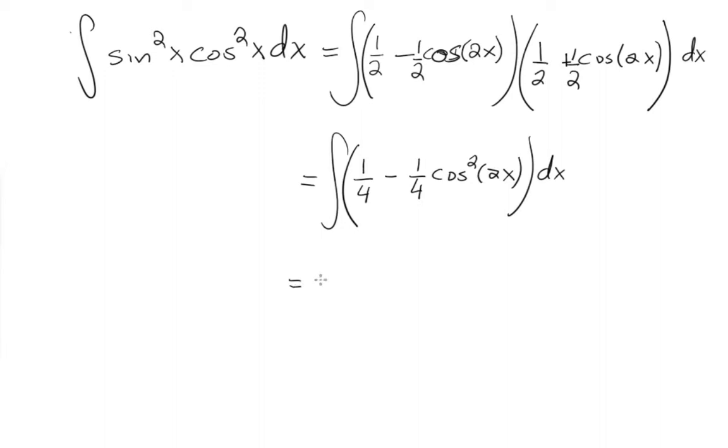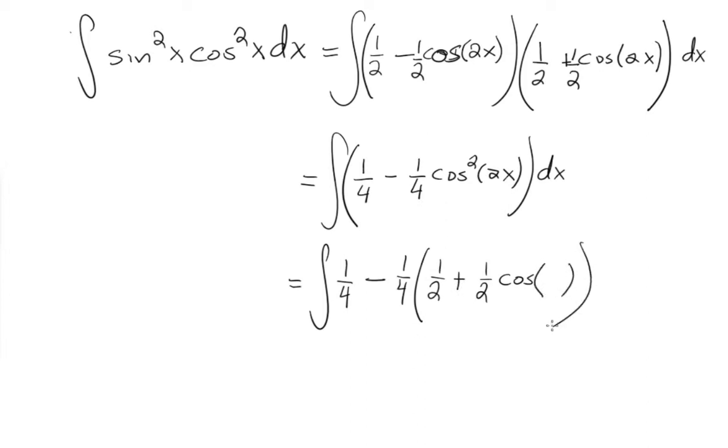So doesn't this equal the integral of 1/4 minus 1/4 times 1/2 plus 1/2 cosine of, what would this be? 4x, right? Because it's 2 times this one, so 4x. And so that you could do, right? Because you would distribute, and then each one of these is just one simple trig integral.